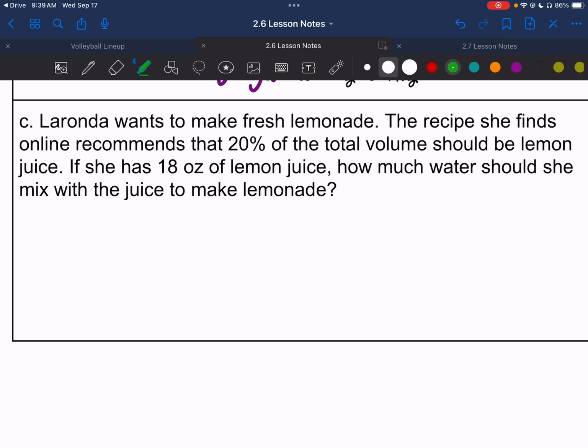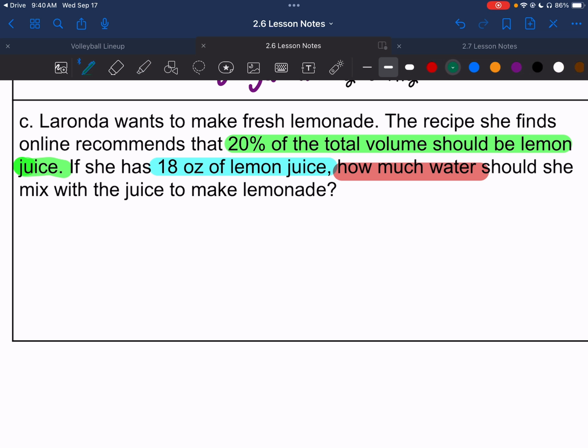All right, so LaRonda's recipe is 20% of the total volume should be lemon juice. She has 18 ounces of lemon juice. We want to know, how much water should she mix? So let's set up the proportion of what we know.